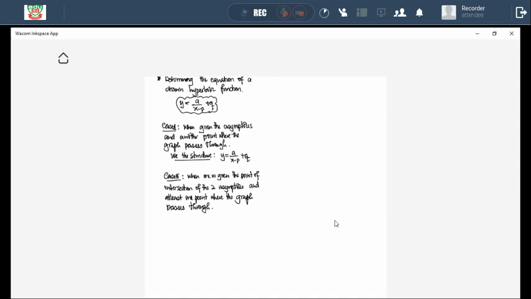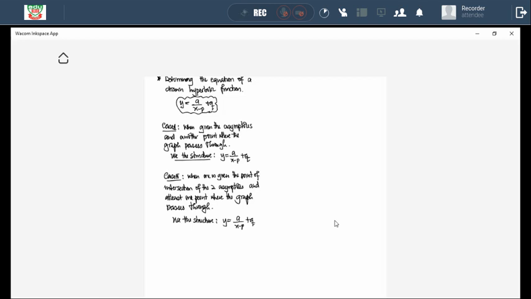Okay, right. In that case, you also use the structure y is equal to a all over x minus p, plus q. That is the structure that you are going to use to come up with the equation of a drawn hyperbolic function. Now, let's look at an illustration.